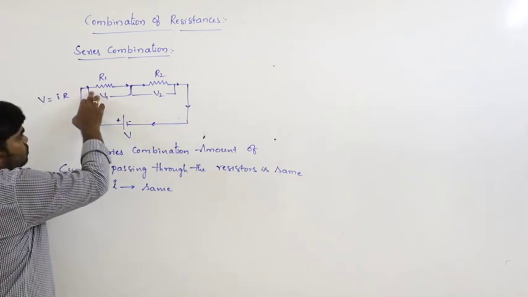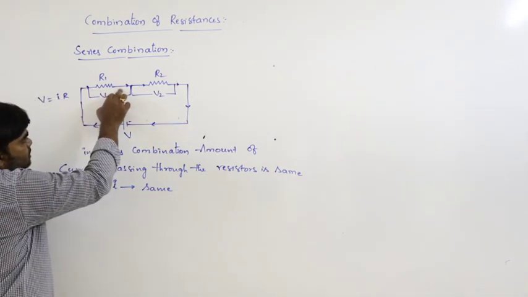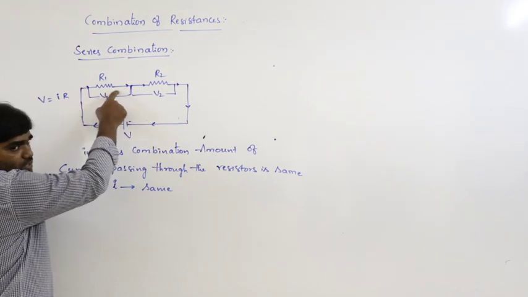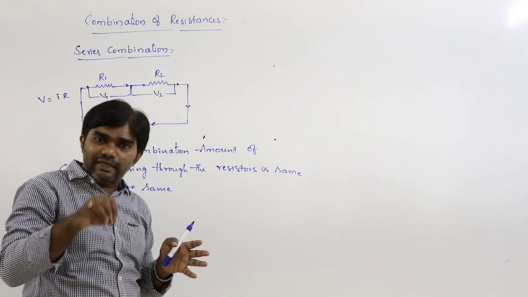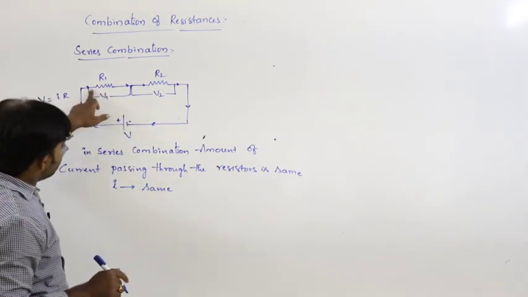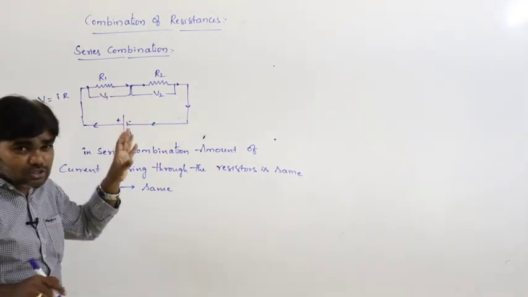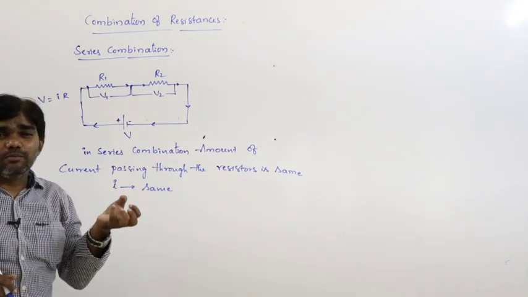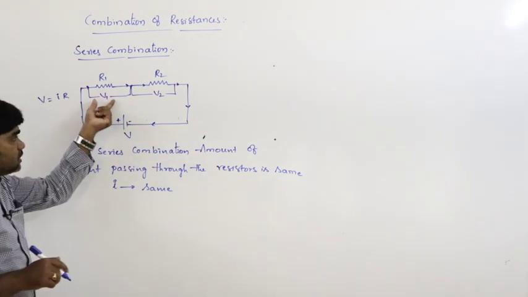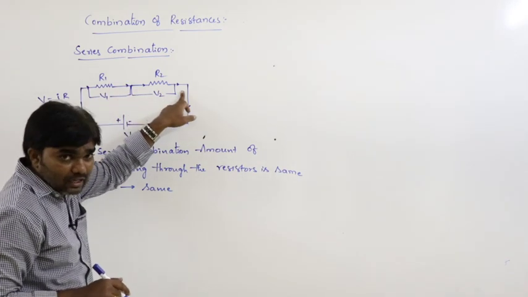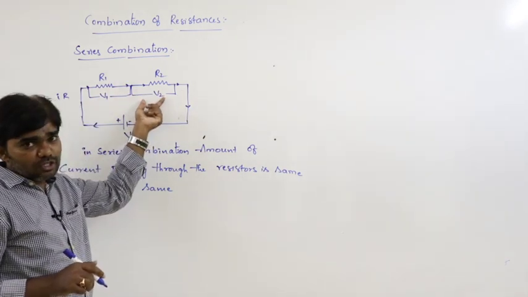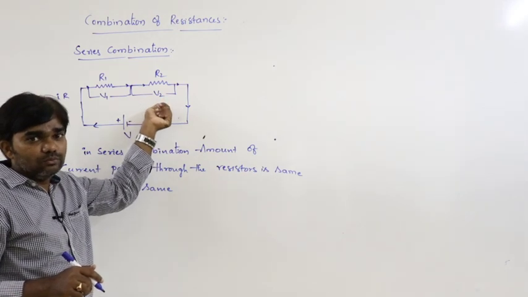So to overcome this resistance, that means current passes through this resistance. Resistance means opposition for the flow of electric current. But still the current passes through the resistance. That means to overcome that resistance, a certain amount of work done is required. Let us say that is potential V1 here. Next, to overcome this resistance R2, a certain amount of potential is required here, that is V2.